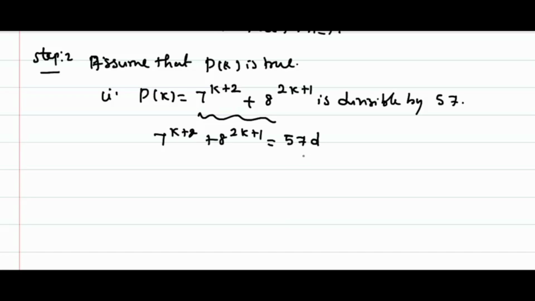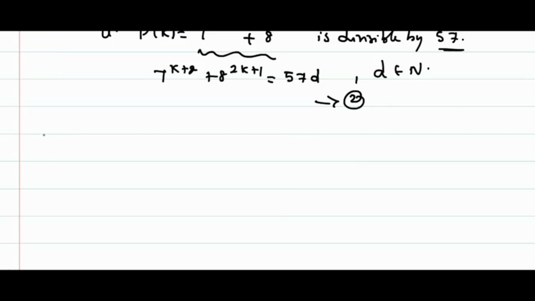Why? Because in step number 3, if we substitute n equal to k plus 1, we don't know whether the final answer is divisible by 57 or not. To be on the safer side, whatever answer you get, we multiply to get a multiple of 57 only. That's why we consider 57 into d, where d belongs to the set of all natural numbers. You consider d equal to any number. This is equation number 2.